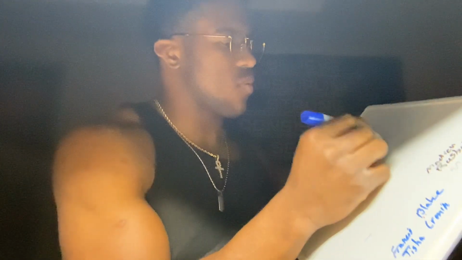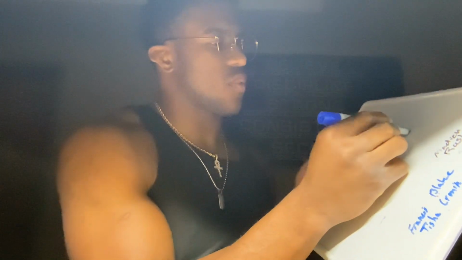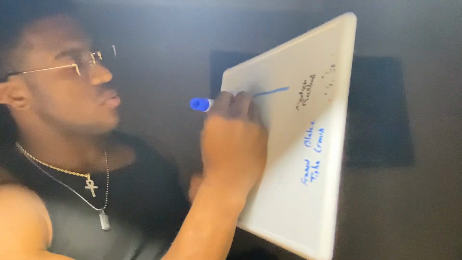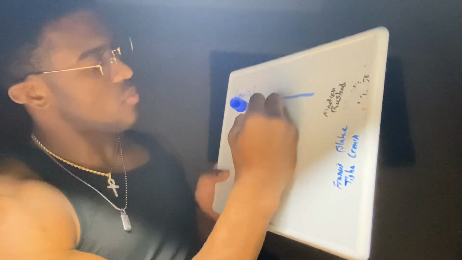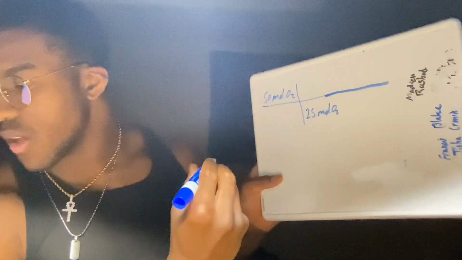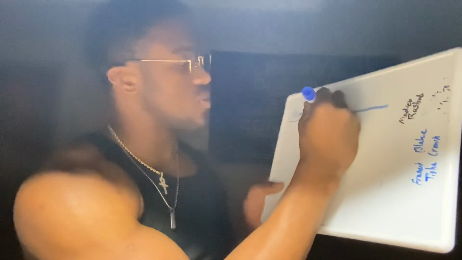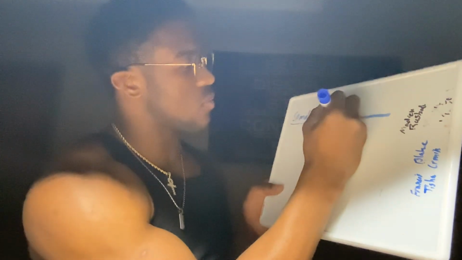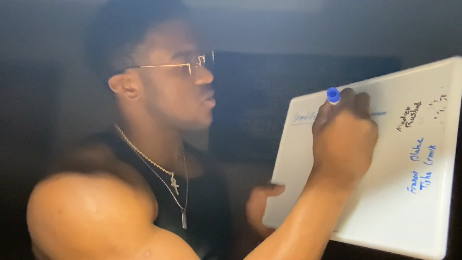So we're already at moles, so we can go straight to the other moles. So 25 moles of O2 is the same as 18 moles of H2O.